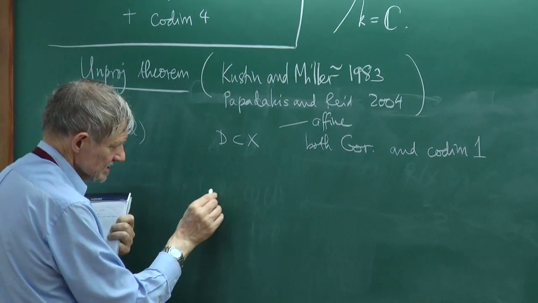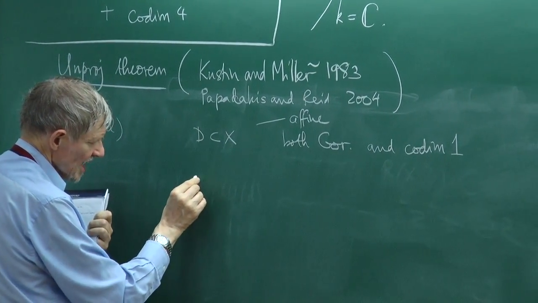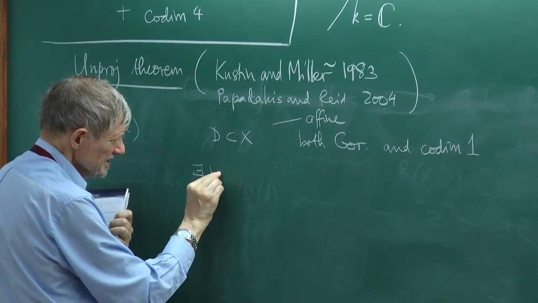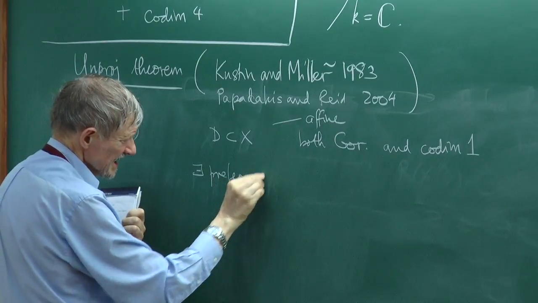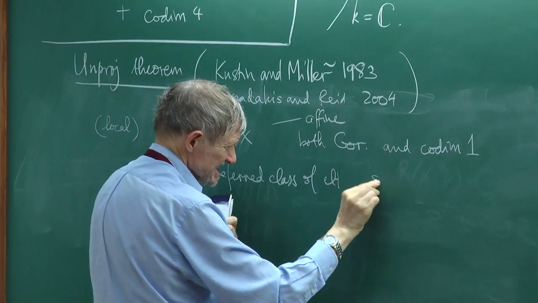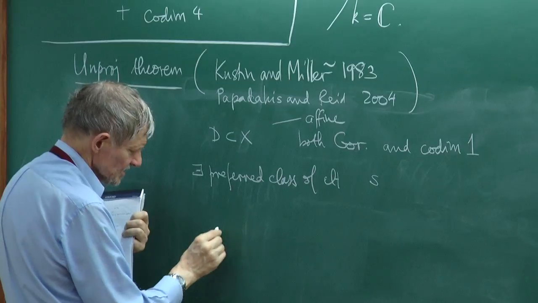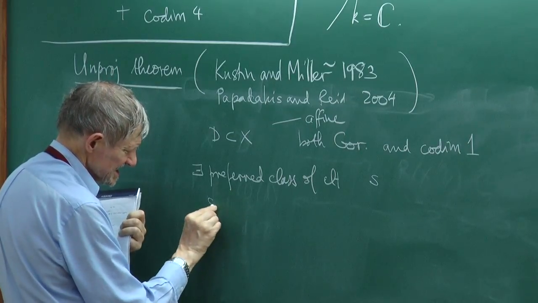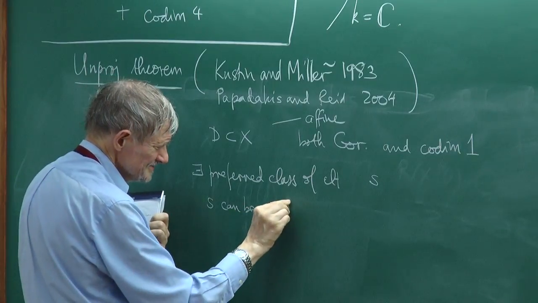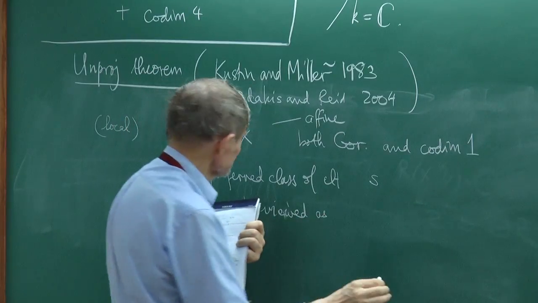Then I can write down, I want to write down, and there is a preferred class of elements S, so that when I do, S can be viewed as, so let me explain.